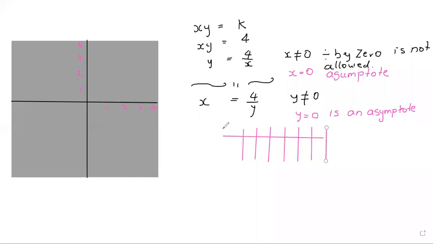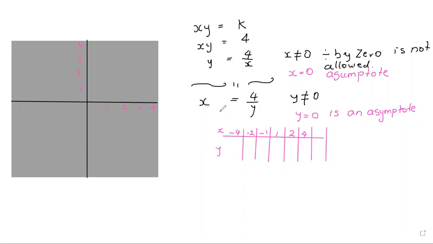So if this is our x, that will be our y. Let's say 1, 2, 4, -1, -2, -4. I deliberately skipped 3.